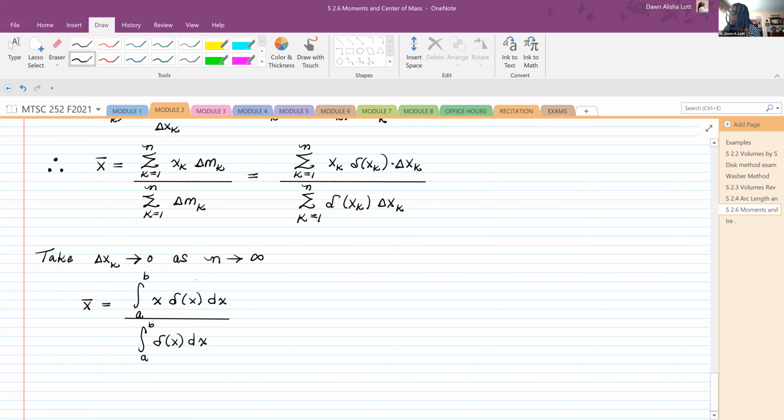So now we have a formula to be able to find the center of mass.